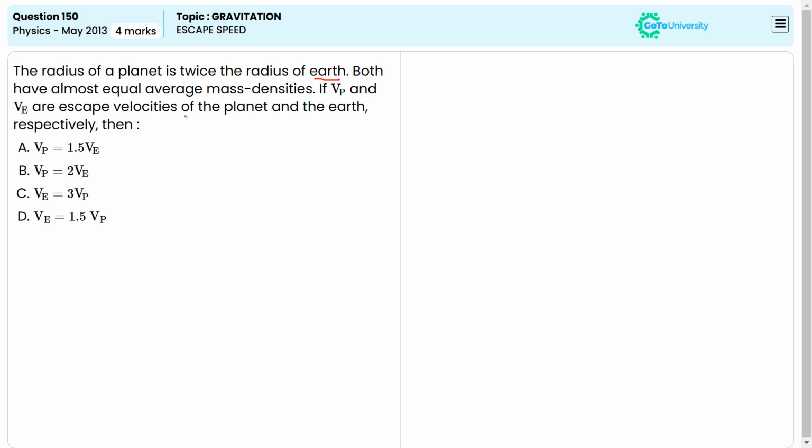If Vp and Ve are escape velocities of the planet and the Earth respectively, then we need to find the ratio.